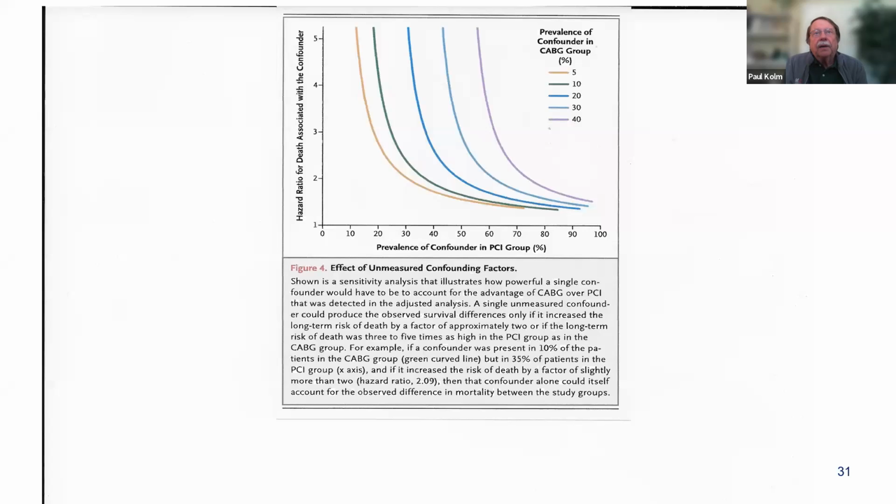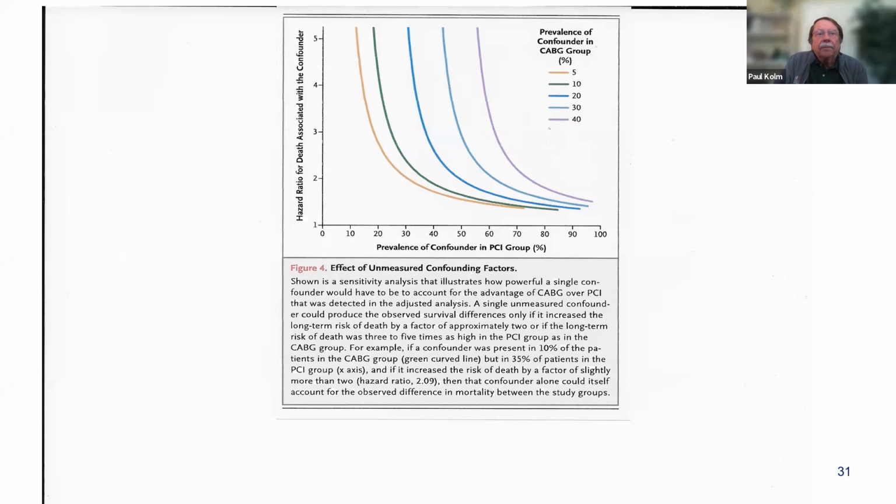For example, if a confounder was present in 10% of the patients in the CABG group, that would be the dark green line in the graph, but only in 35% of the patients in the PCI group, which would be right here, you can see then that the increased risk of death is more than twice that.